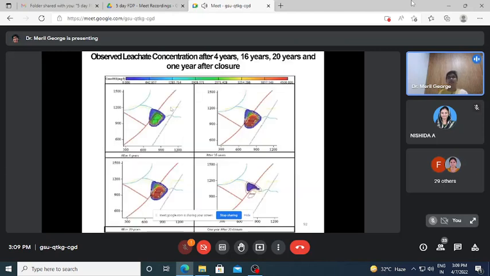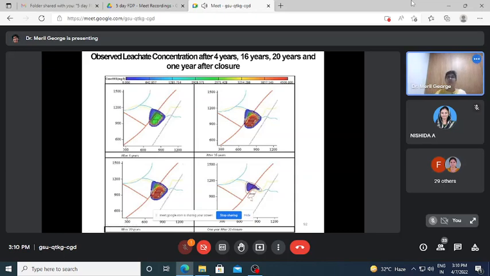Next, this figure shows the same result after 4 years, after 16 years, and after 20 years. After 20 years means during the closure time. Also, I have taken an observation 1 year after the closure. That means after stopping the waste dumping, after 1 year, it is shown in the fourth figure.